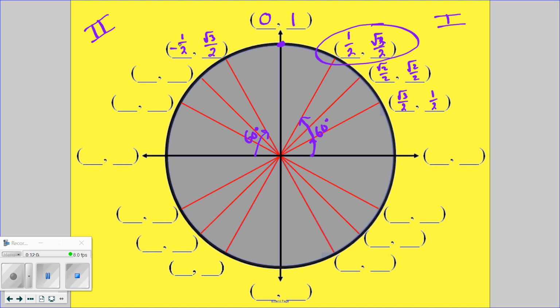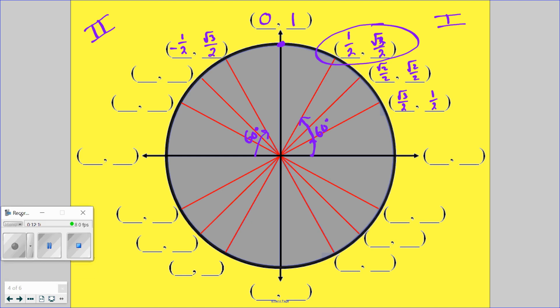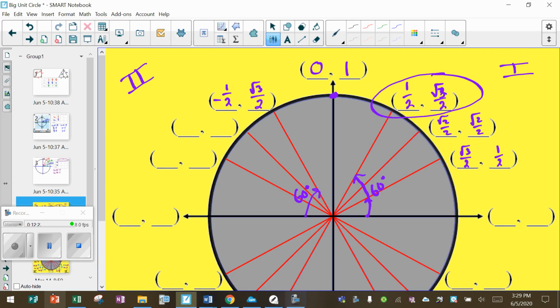Now, I can't have two different numbers for 60 degrees. The 60-degree angle that is in quadrant 2 is called a reference angle. It refers to how far the terminal side of my angle is from the x-axis. Okay, so there's a new vocab word there, terminal side. What I mean by terminal side is the side that helps create the angle.